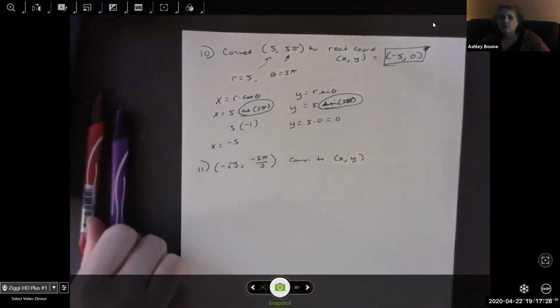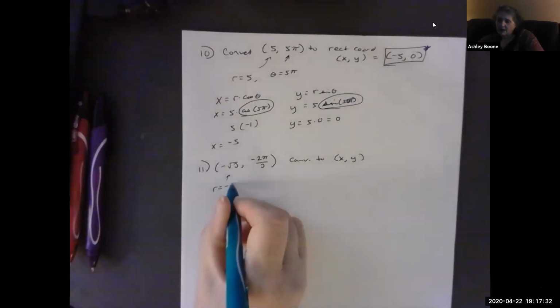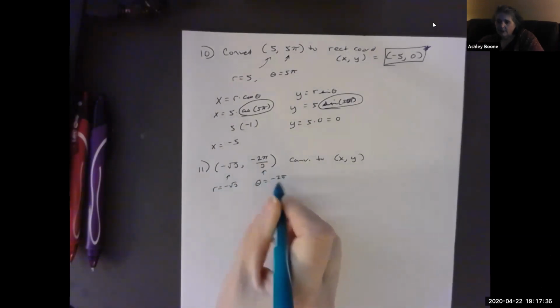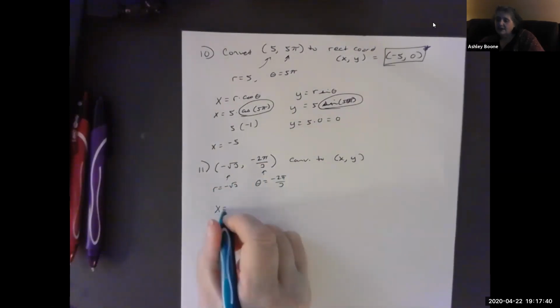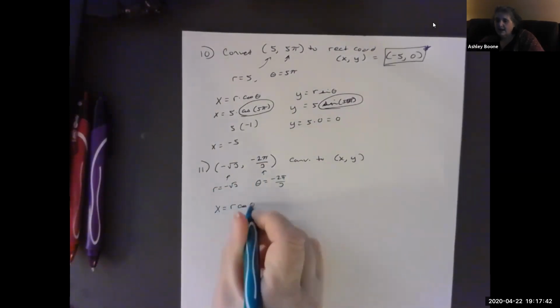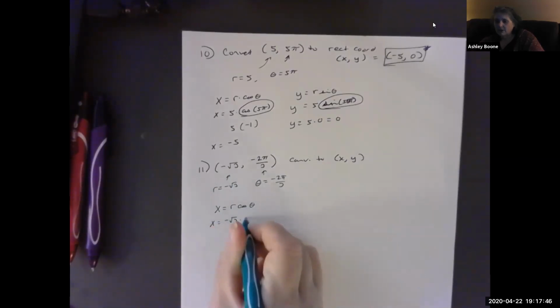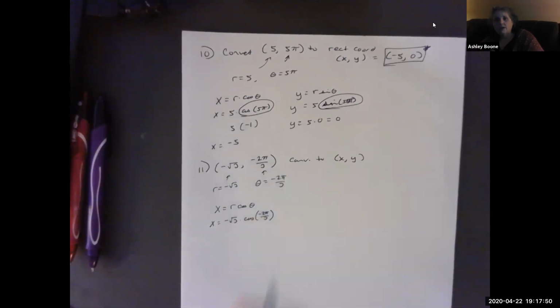So if we look at this, again, our r value is -√3. Our angle is -2 pi over 3. And we know that x is equal to r times cosine of the angle. So that would be -√3 times the cosine of -2 pi over 3. Now, think about what we've done before.